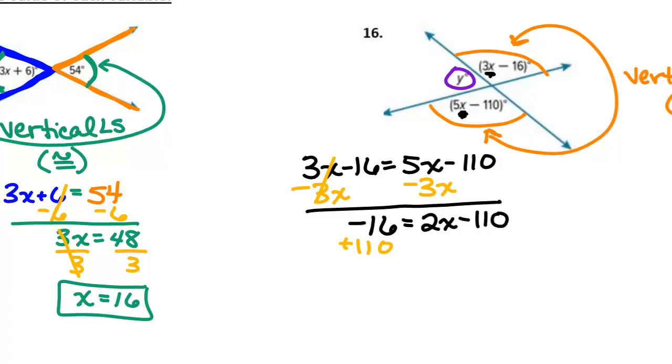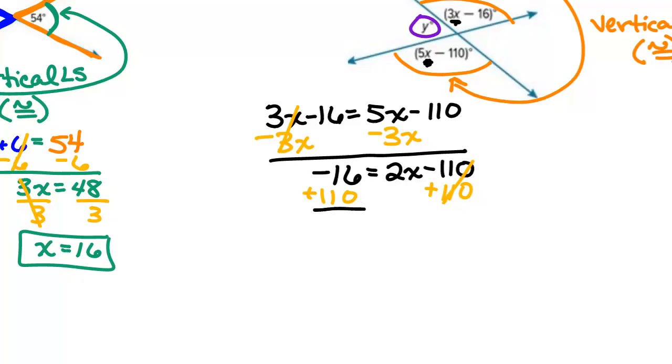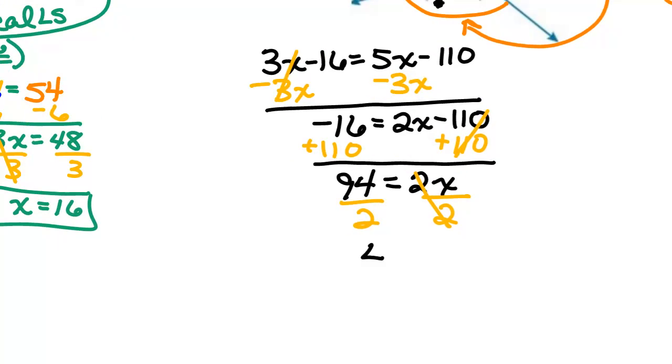Then we add 110 to both sides, because we want to get x all alone. We get 94 equals 2x. And then we divide both sides by 2. We get 47.